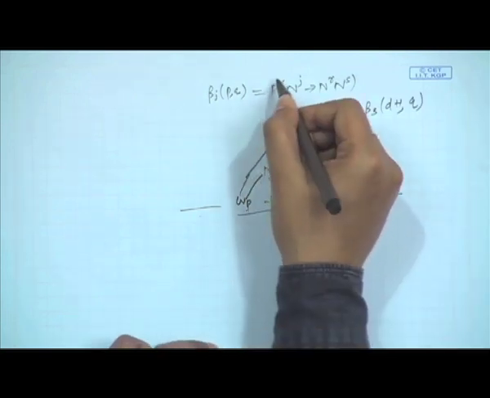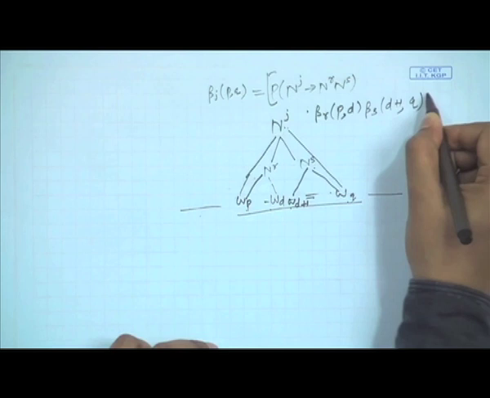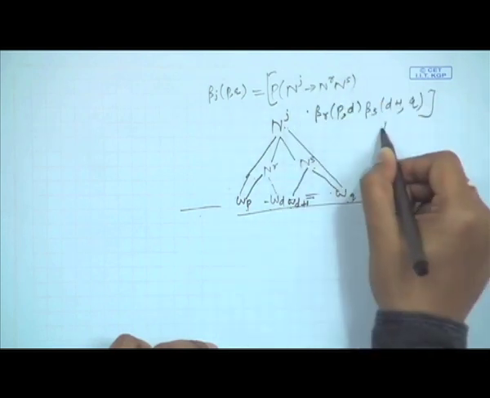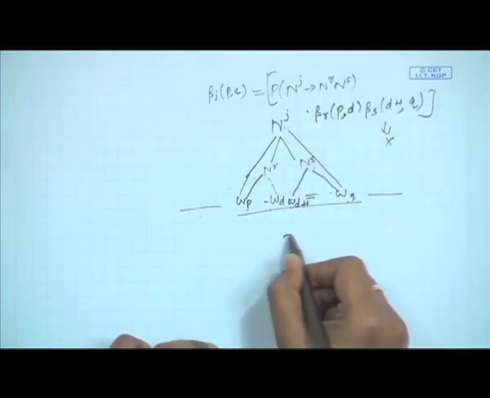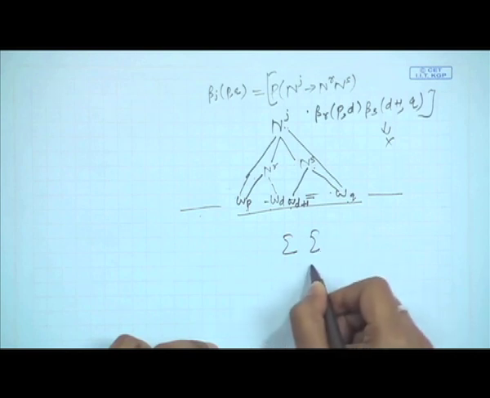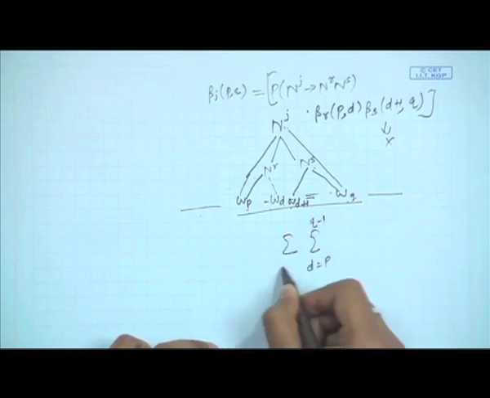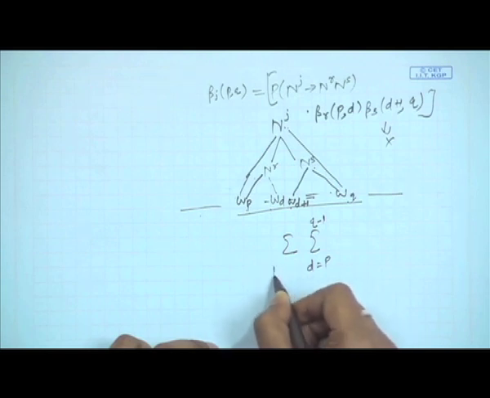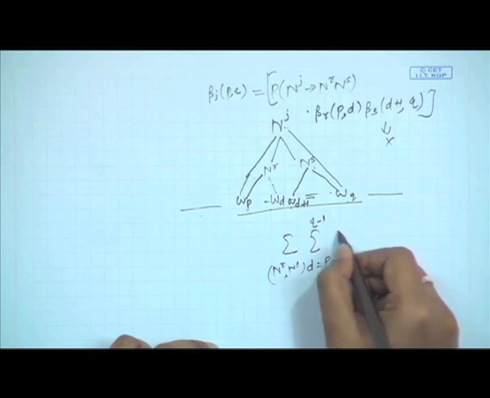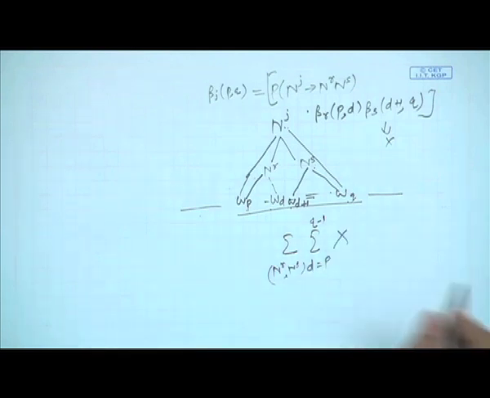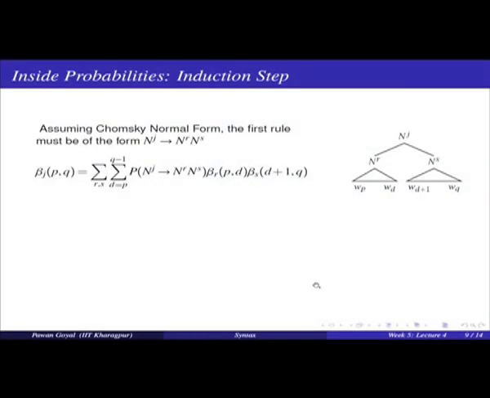So, I will have to write down this whole thing, let me call it X. I have to say this can vary from p to q minus 1 and all possible NR, NS, and I will put X here. So, this is my inductive step.